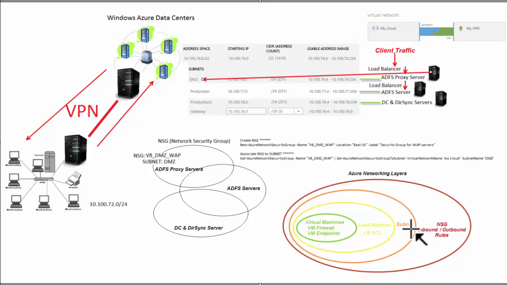And with the subnet, we have associated the virtual machine, which of course comes with the virtual machine firewall and the virtual machine endpoints, right along with the load balancer. We associate load balancers to virtual machines and vice versa, as demonstrated in this image.